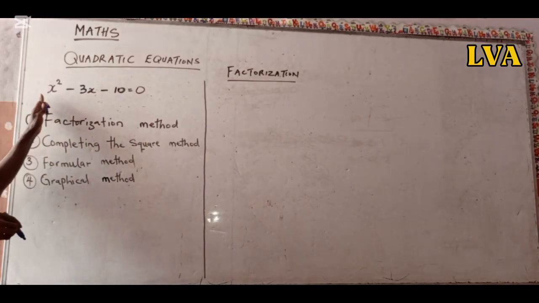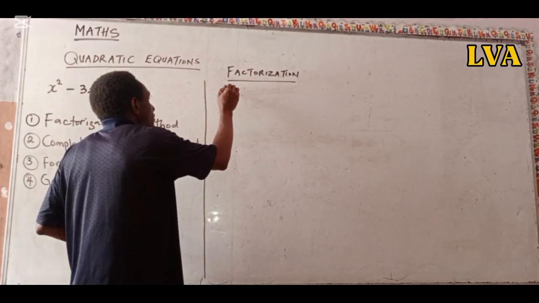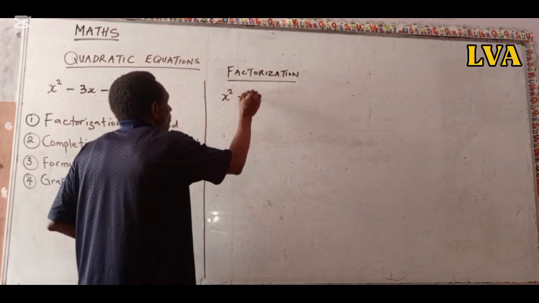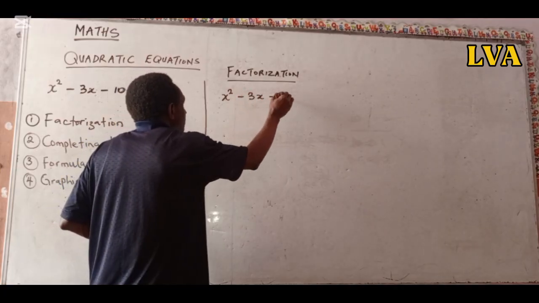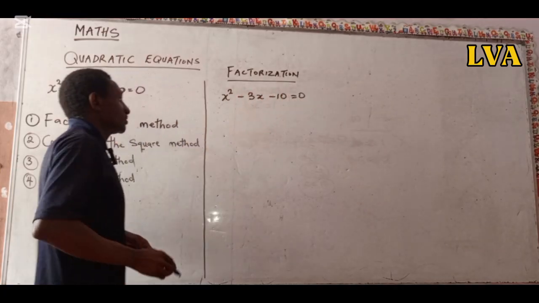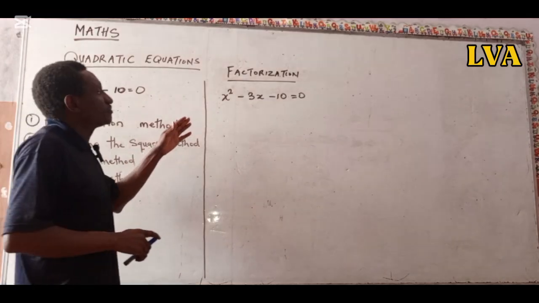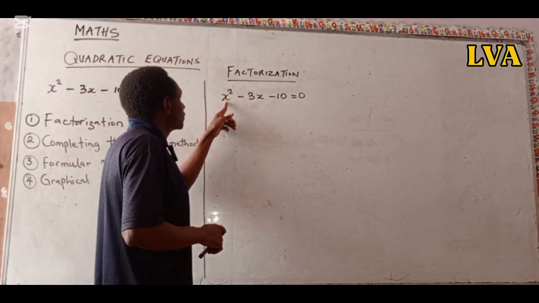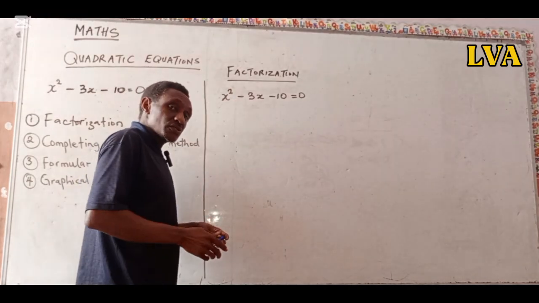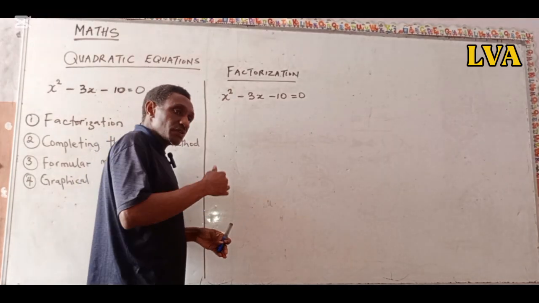So let me bring out my equation, which is x to the power 2 minus 3x minus 10 equal to 0. Now I want to solve this question using factorization method. If you look at this, you'll discover this one is a coefficient. What do we call the coefficient of x squared? We said the coefficient of x squared is a.